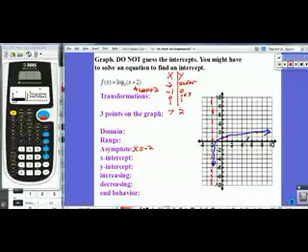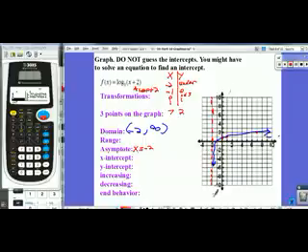Okay, my domain for logs is restricted because the range for my exponentials is restricted. So my domain coming in from the left, first thing I see is my asymptote at negative 2. And I continue on to the right towards positive infinity. I can't touch the asymptote or infinity, so those are both soft parentheses.